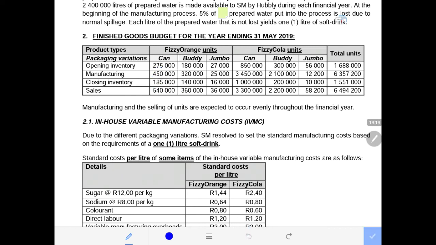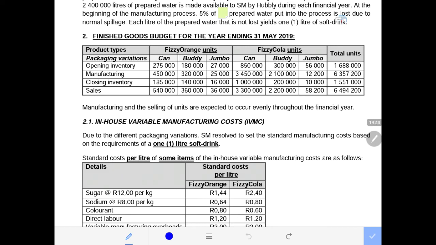We don't sell more units in 1 month and less in another month, or produce more units in 1 month and less in the other month. That means our production is constant and equal throughout all the months. Together with our sales, they are constant and equal throughout the months, and that will be called fixed.